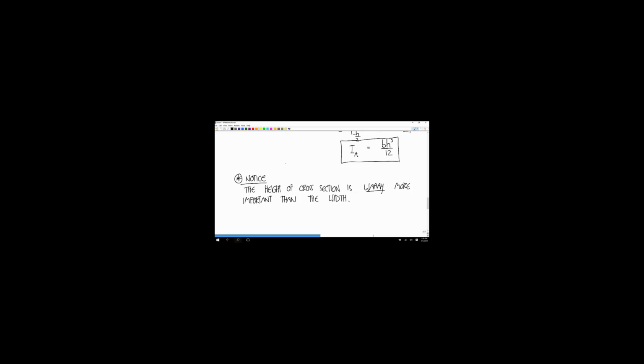And objects that you make to build structures out of, like I-beams, are useful because no matter how you orient them, they have a relatively small amount of material required, but still provide a lot of resistance to bending because you're moving the flanges at the end, getting them far away from the center, and the integral formula for the area moment of inertia rewards you for getting stuff far away from the centroid.